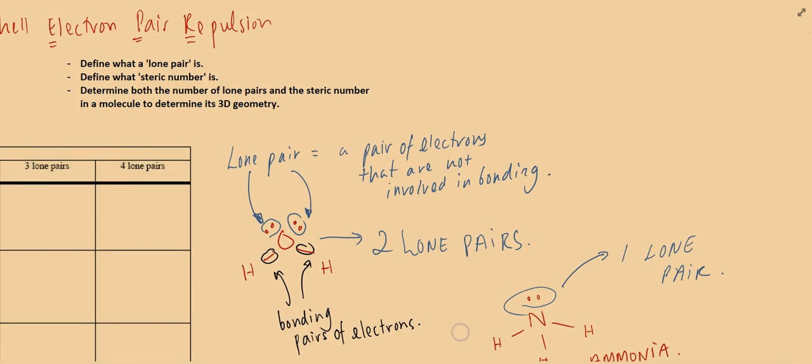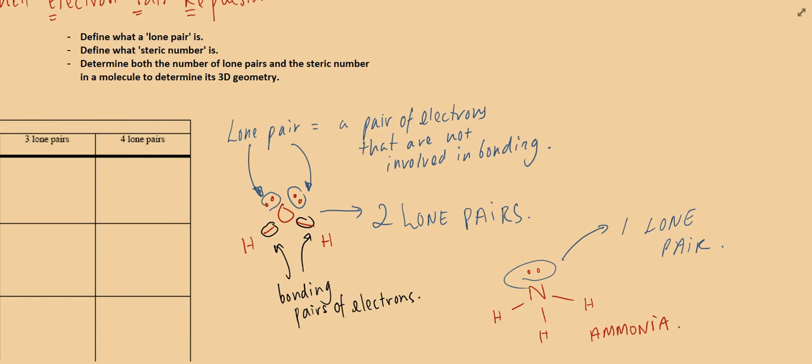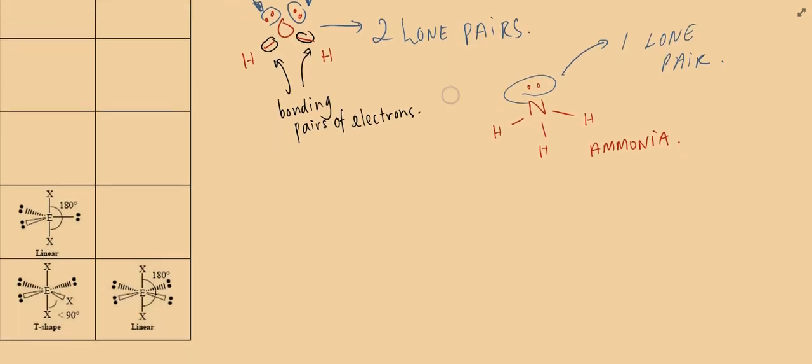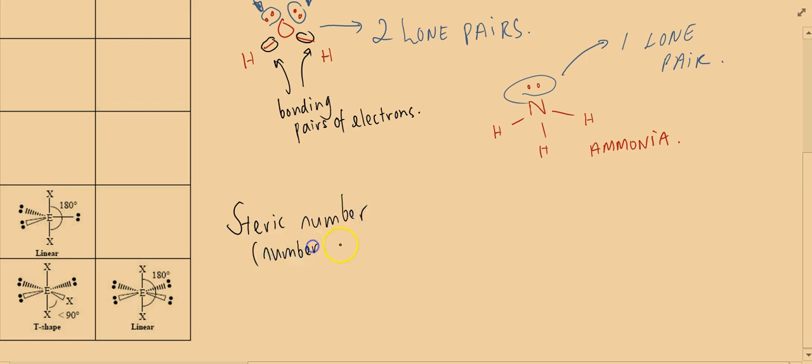Let's have a look at the next learning objective, which is to define what steric number is, what it means. So steric number, or alternatively the number of electron regions.